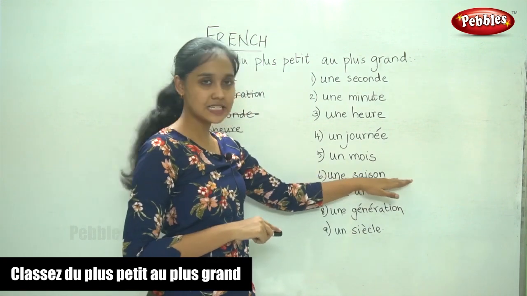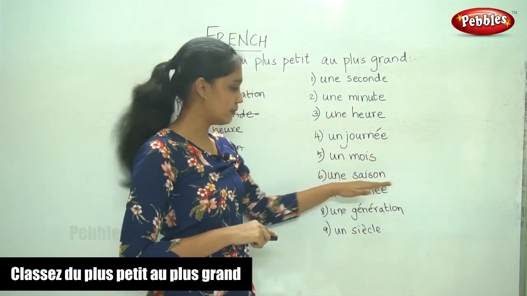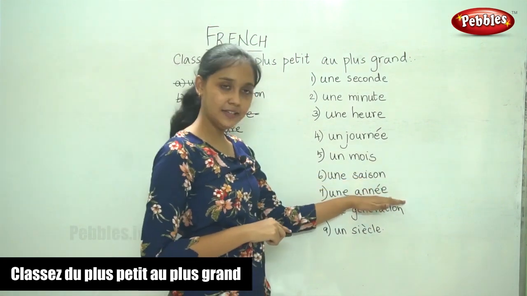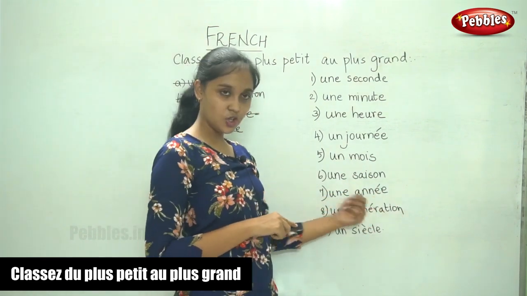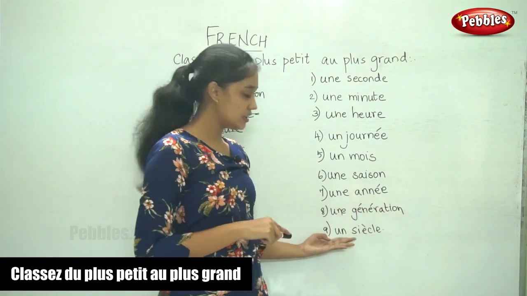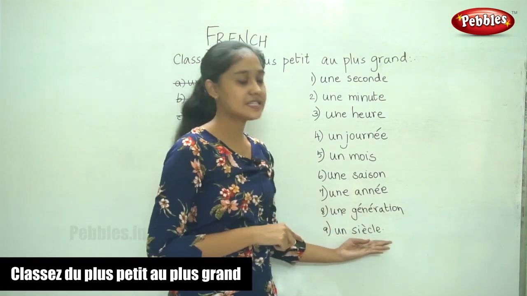A season is 2 or 3 months. Une année, which is 12 months. Une génération, and finally a siècle, a century.